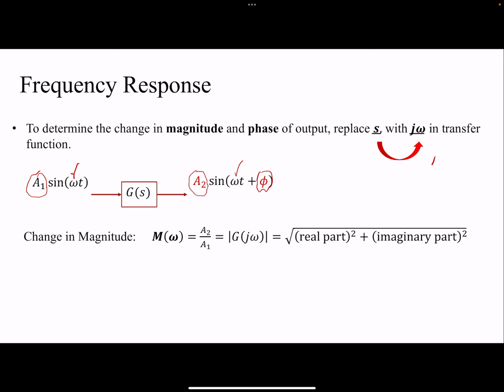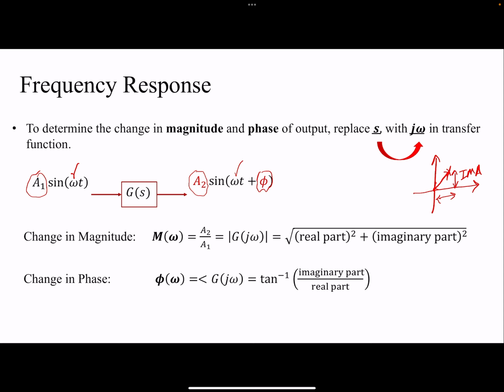You can think of it in our coordinate system. If this is a complex number and you want to find this distance, we need the real part squared plus the imaginary component squared, and then take the square root of their sum. If you want to find the phase change, then we find the tangent inverse of the imaginary component over the real part of our system.